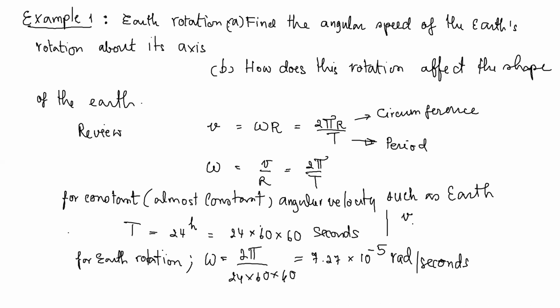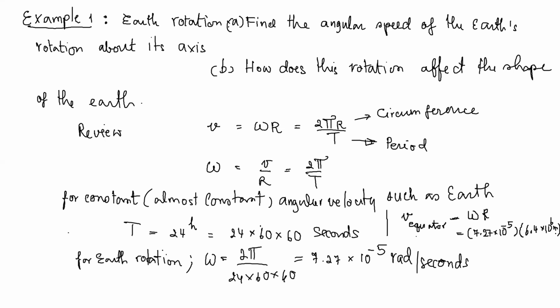So the velocity of any point on the surface of the Earth at the equator is omega times r, and it is 7.27 times 10 to the minus 5 times the radius of the Earth, which is 6.4 times 10 to the 6 meters.